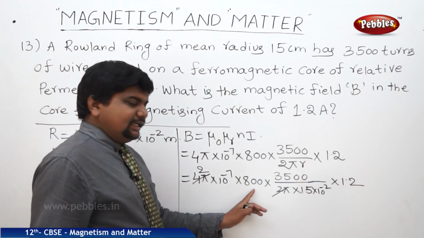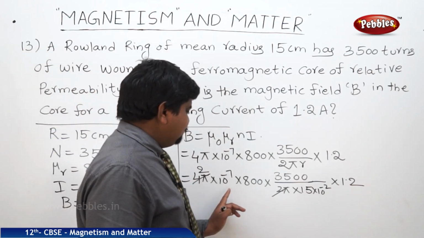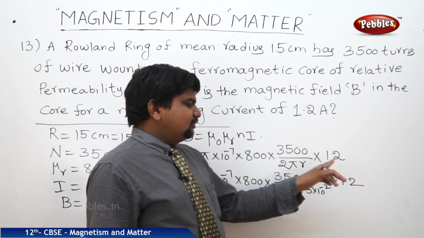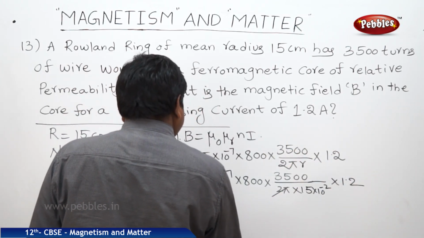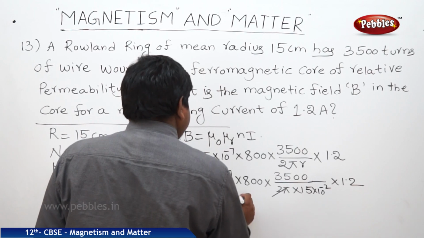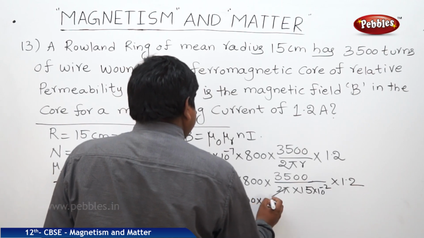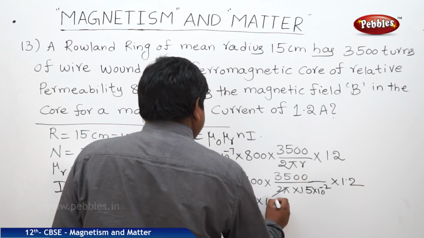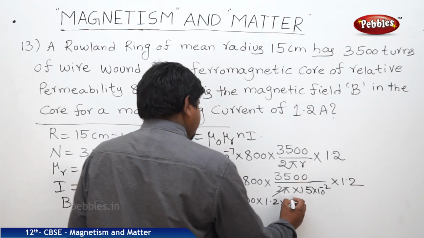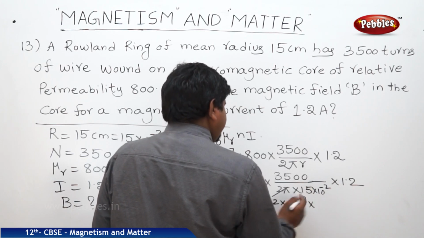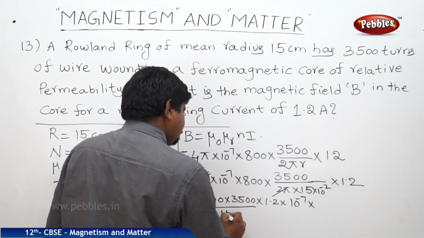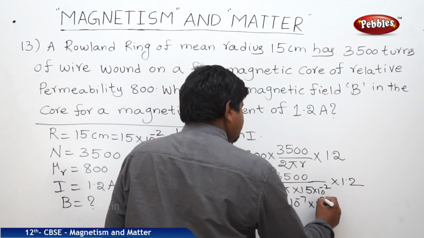So 2 into 800, 1600 into 10 to the power of minus 7 into 3500 into 1.2 by 15, this will be 10 square.